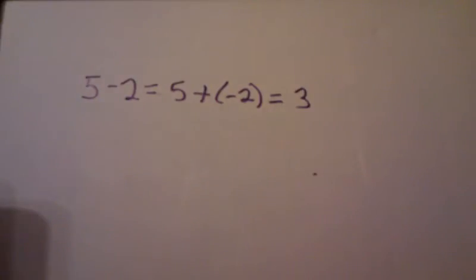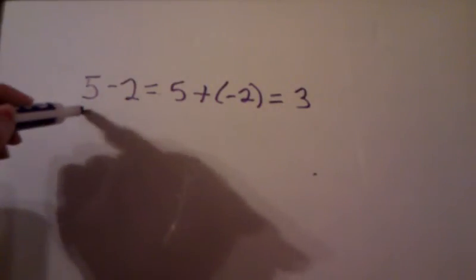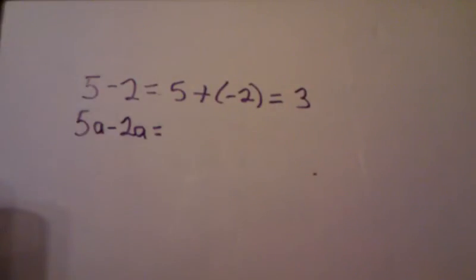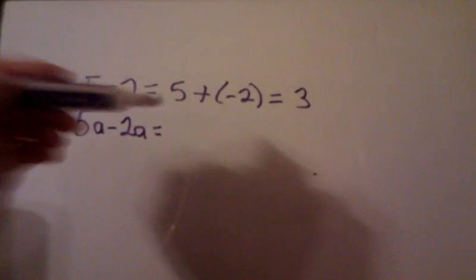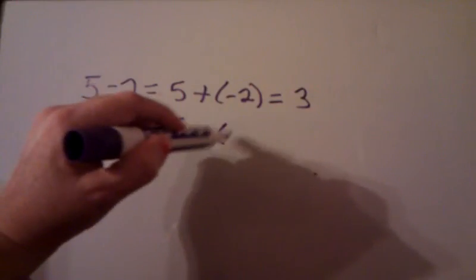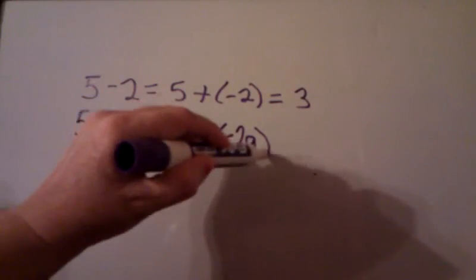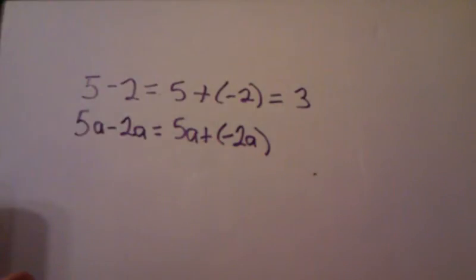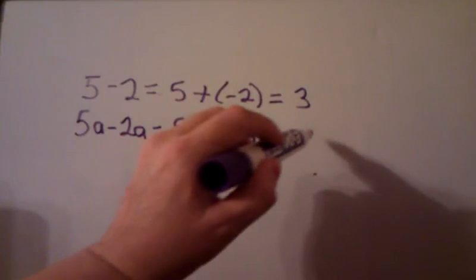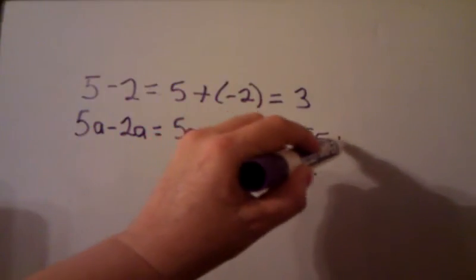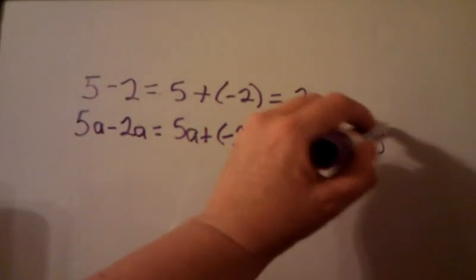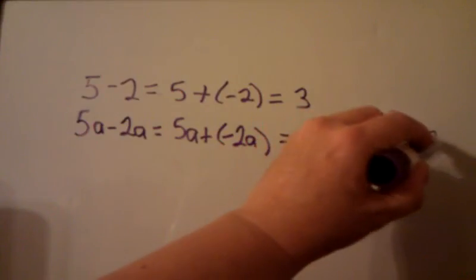If we have 5a, let's put a variable after these. 5a minus 2a equals 5a plus negative 2a equals 5 plus negative 2a equals 3a.